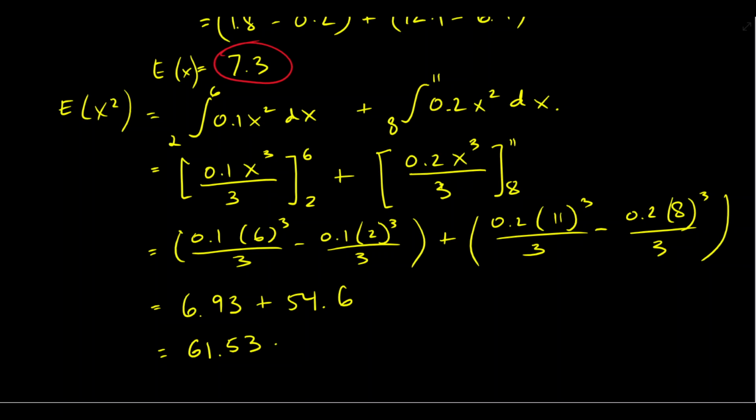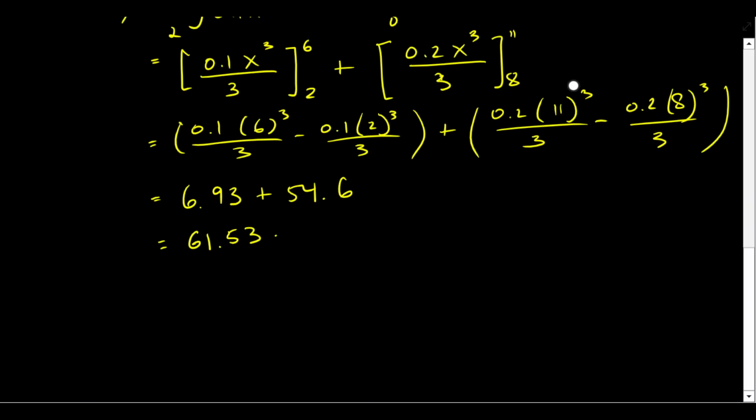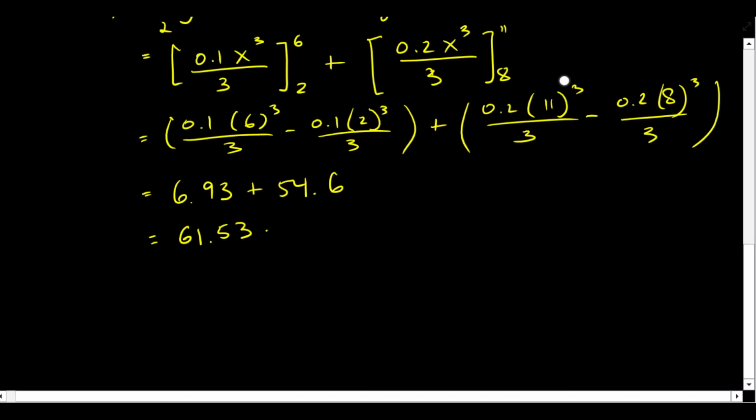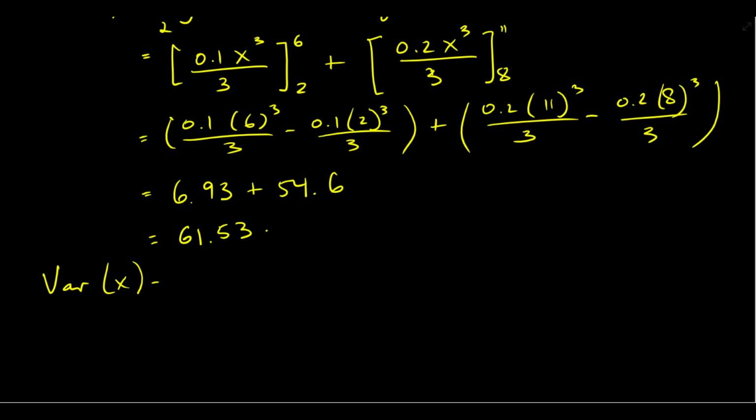Therefore, for this particular continuous random variable, the variance Var x is given by the formula expected value of x square minus expected value of x, squared.